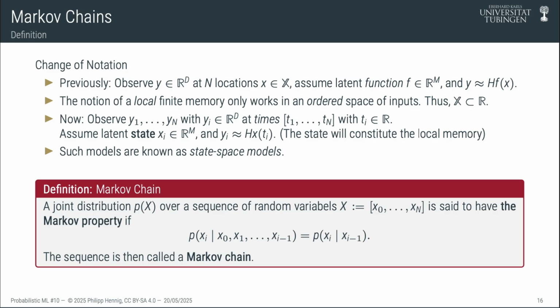Now, we're going to think about states called x that evolve along time, called t, and we make local observations that are related to the state, and they're also called y. So now the thing we're interested in will be called x. So far, the thing we were interested in was called f. It was a function of x and produced y. Now we're interested in a thing called x, called the state.